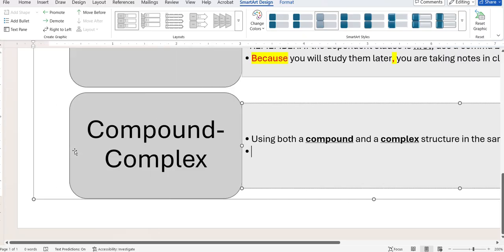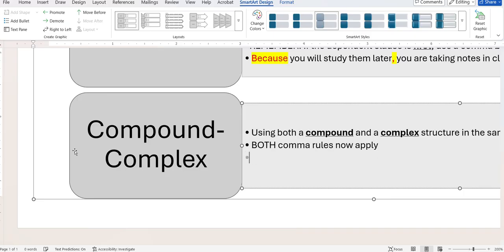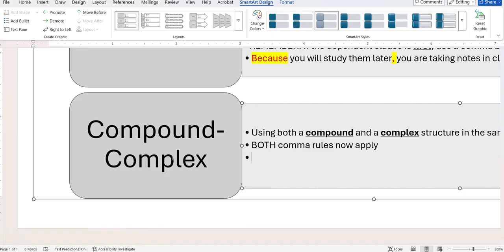So you have to then remember both comma rules. So I'm going to give several examples here just to show the different comma rules. So I could say, let's see.